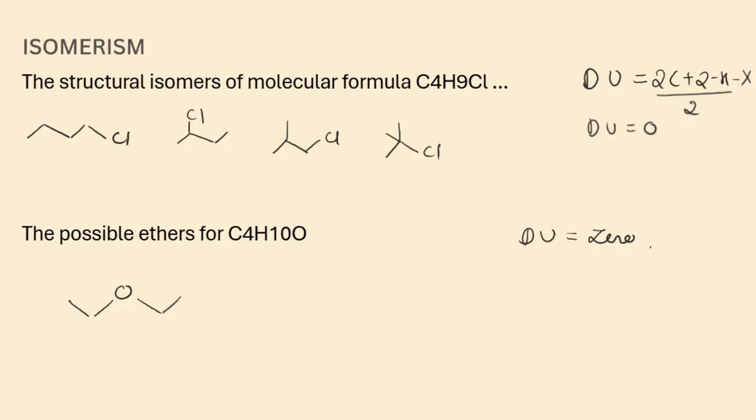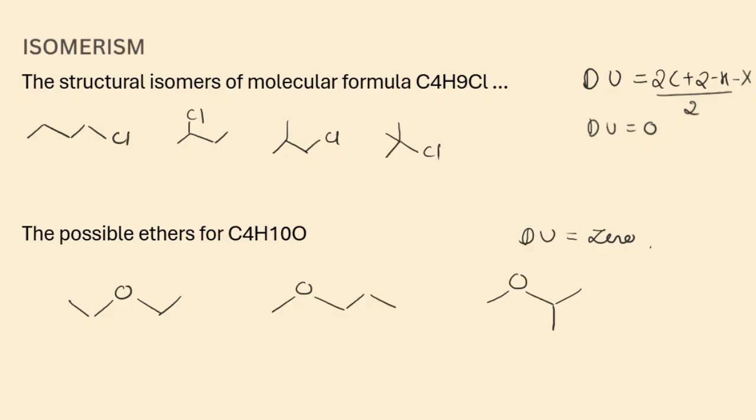So altogether there are 4. You can write ethyl, ethyl, or a methyl and propyl. And remember, whenever we have propyl, you can always write an isopropyl like this. As I told you earlier, there is no formula to calculate the possible isomers. It's always trial and error. You have to practice, only then will you get the right answer.